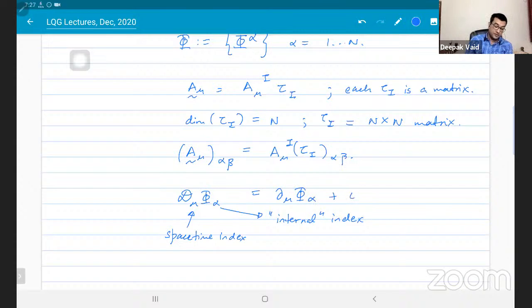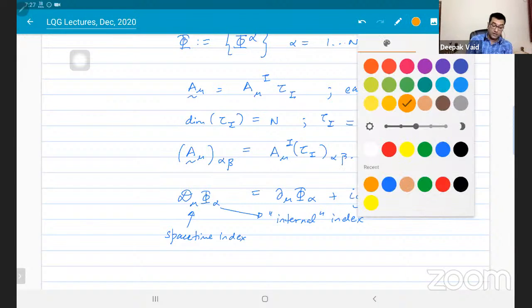Okay, plus Ig, A mu I, tau I, alpha beta, right? And now this matrix has to be multiplied by phi beta, like this.